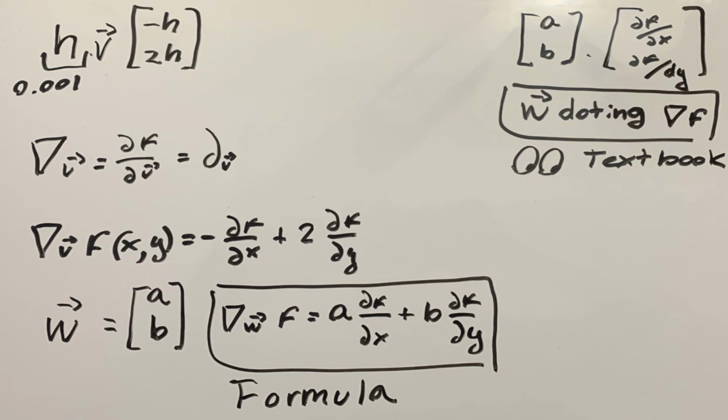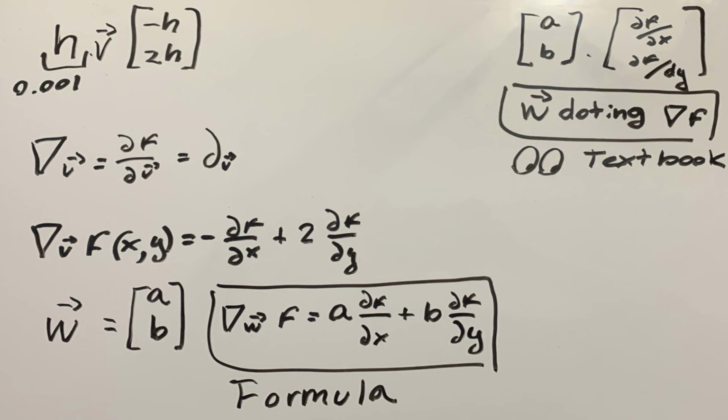So as we can see, we see the formula. It looks just like the dot product. So we have, for example, w or v, the vector, within brackets will be a on top, b on the bottom, dotting our gradient of f, which will be the partial derivative of f over the partial derivative of x, and the bottom part will be the partial derivative of f over the partial derivative of y within brackets.